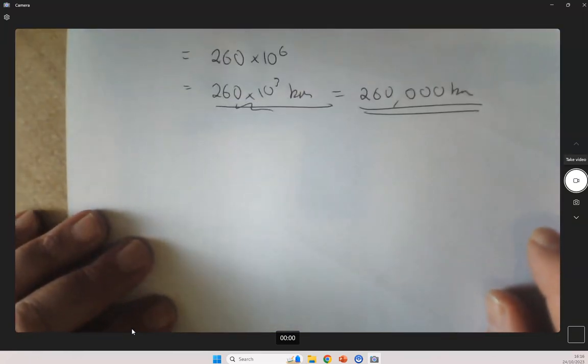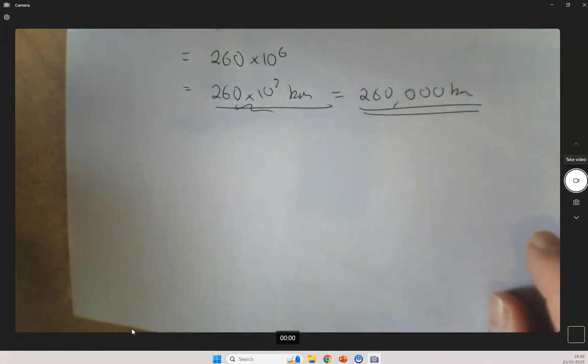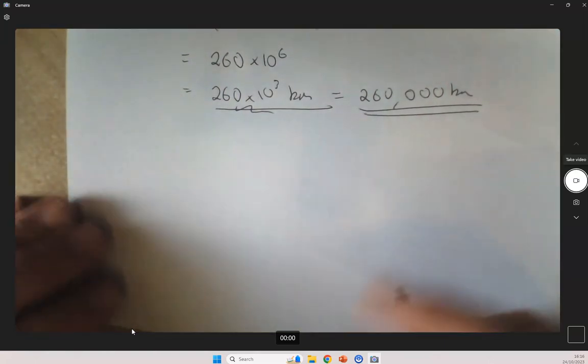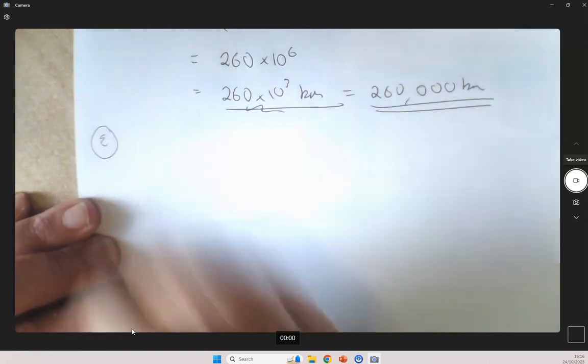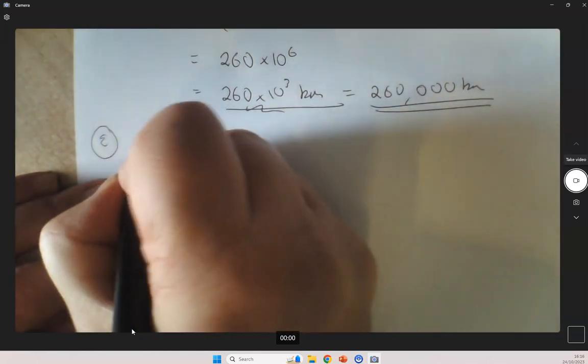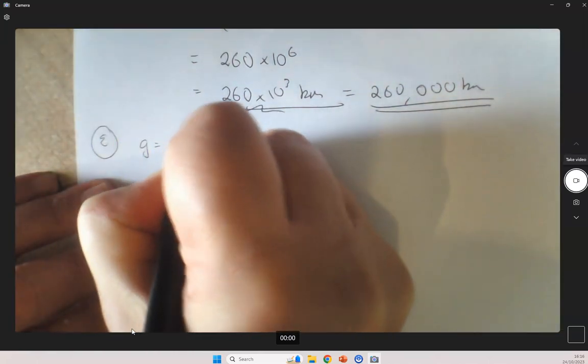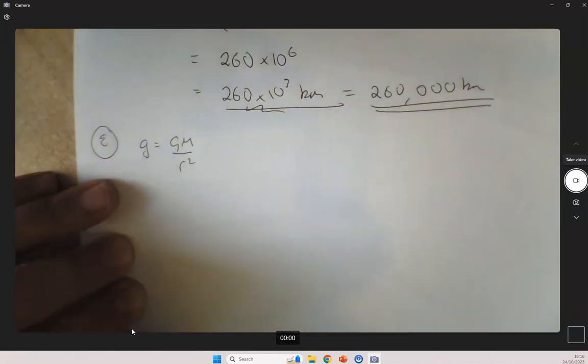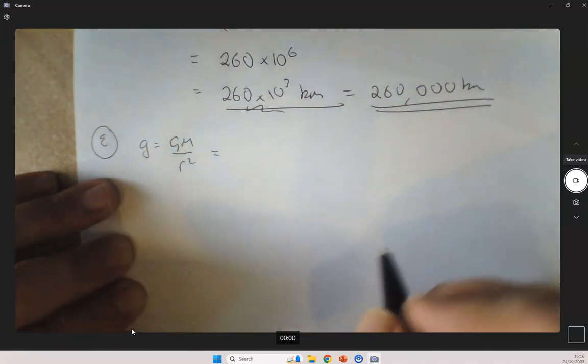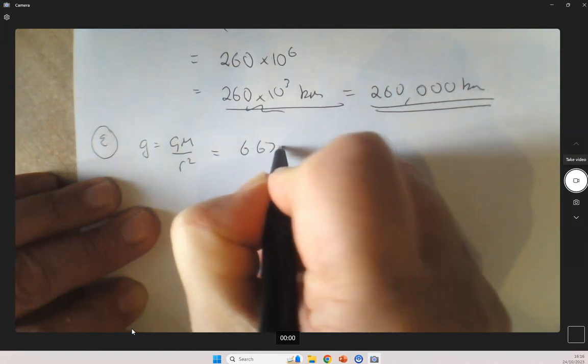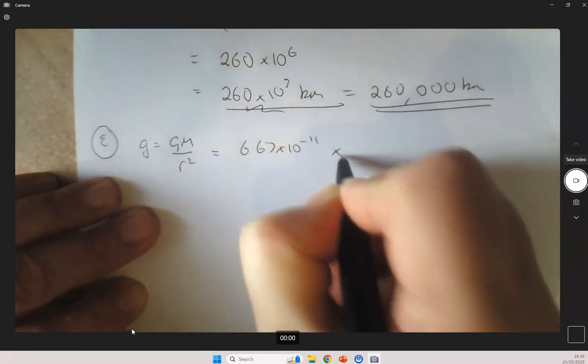What I could do is plug their numbers in, which is simpler, but is probably a little bit too easy for A2. So if I consider the Earth, we're still going to be using g is equal to Gm upon R squared. And what I've got then is 6.67 times 10 to the minus 11. I'm just substituting the numbers.